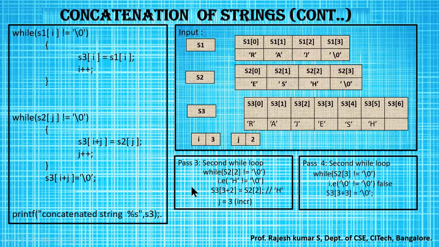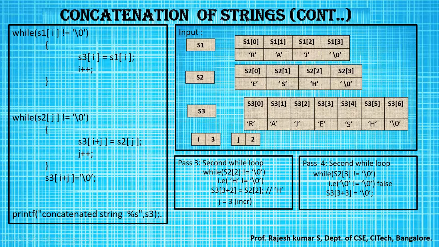At the location S3 of 6, I'll be adding this null value. After adding the null value, I'll print the concatenated string S3. I'm just printing the value present in the S3 array. What is present in the S3 array is Rajesh. Rajesh will be printed on the monitor screen.